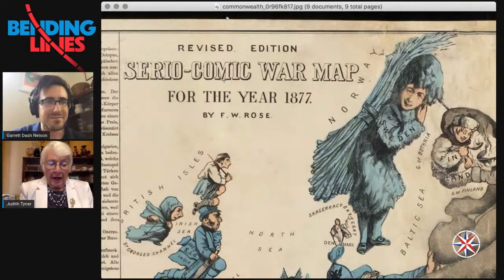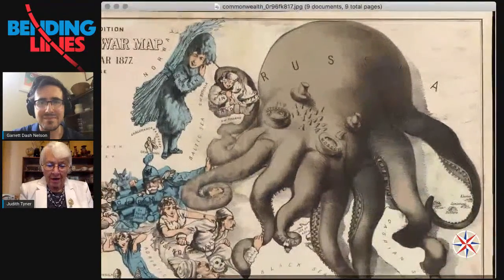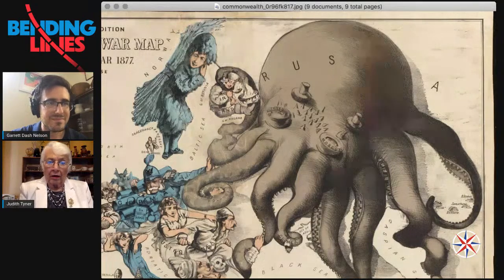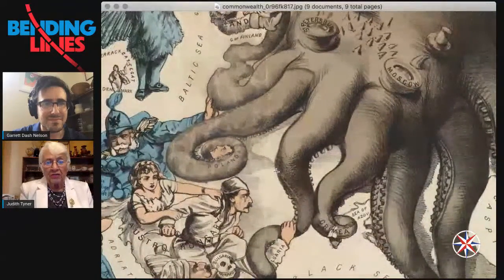There were some other artists who made similar things, and on this one, each country is represented by a caricature of its people. But Russia, which was seen as a threat, is shown by a giant octopus, and its arms are wrapping around other countries. And this is considered a suggestive symbol.